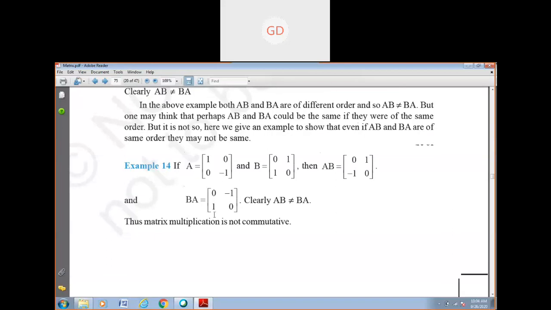You can check yourself: A is this matrix, B is this matrix, AB is this result, BA is this. So clearly AB is not equal to BA.